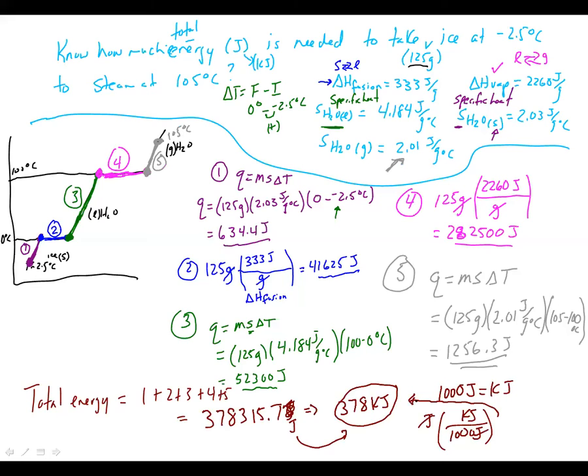So for the significant figures, I just went off of the 125 as it had 3 sig figs. We did have the temperature, which was minus 2.5. But remember, when you're doing temperature conversions, it may not be perfect. You could go to 2 if you wanted to.